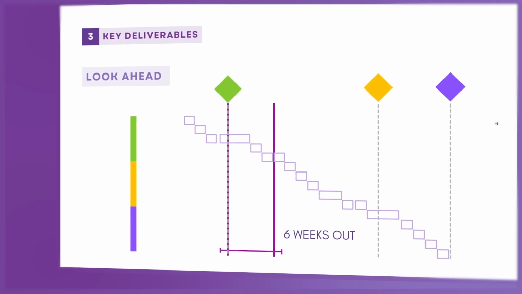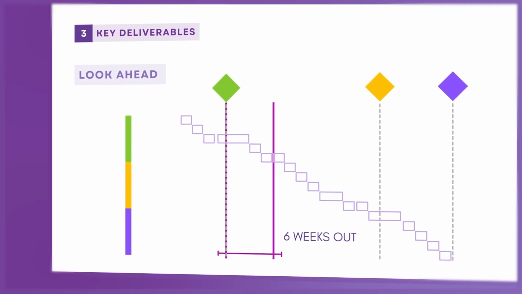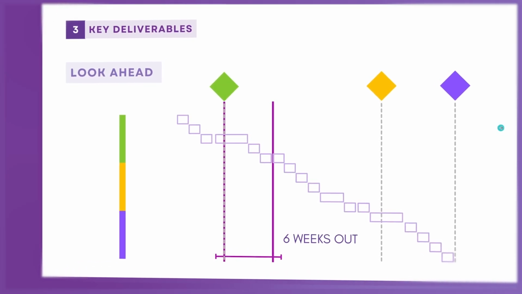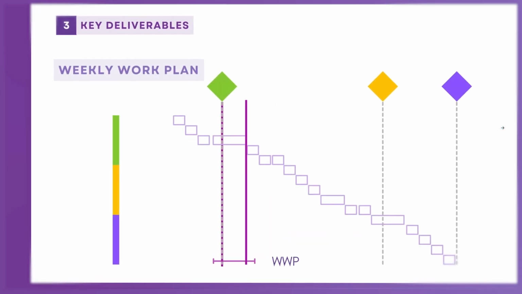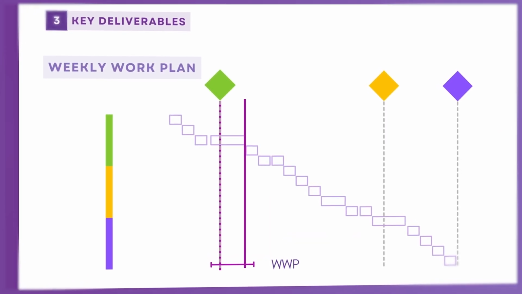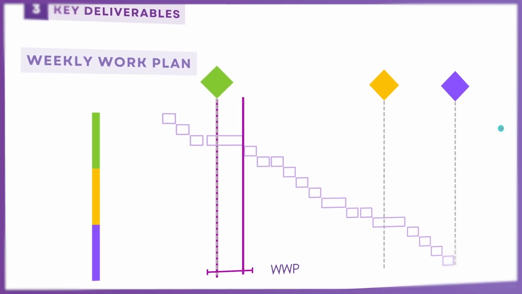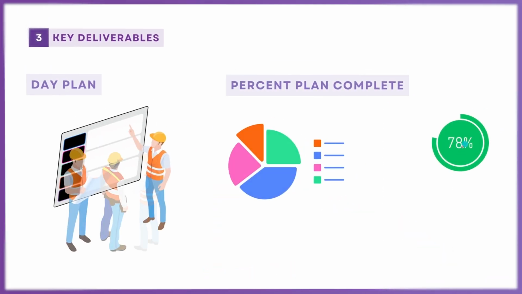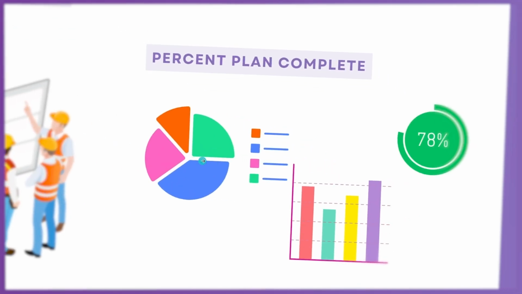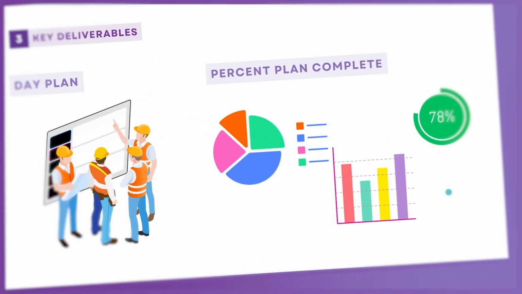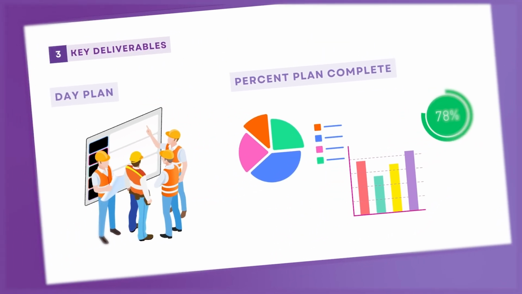You will have a look ahead plan which looks out 6 weeks to align work and remove roadblocks. And you'll also have a weekly work plan that filters out activities, and the trades basically create a commitment plan with handoffs so they can execute work for the next week. And then you'll also see that you have a day plan and you're able to track your percent plan complete.